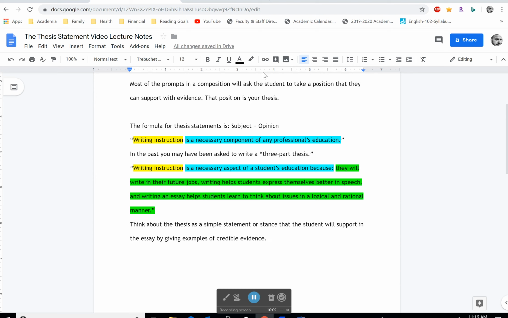So the thesis needs to be a simple sentence, not overly complex. Does that mean it's a 3-word sentence? No. But look at the difference between the first example I gave you there with the highlights and then that 3-part thesis, and think about which one is stronger.